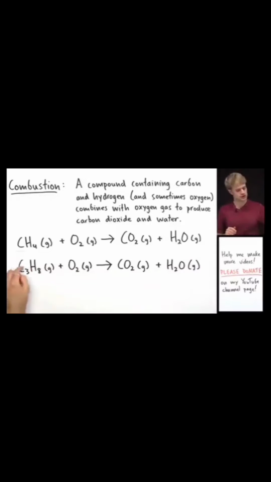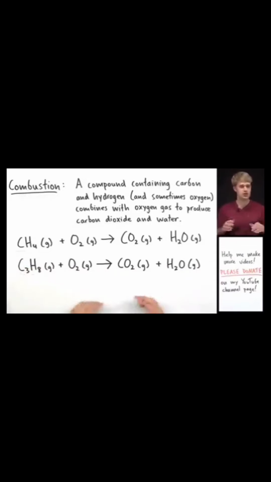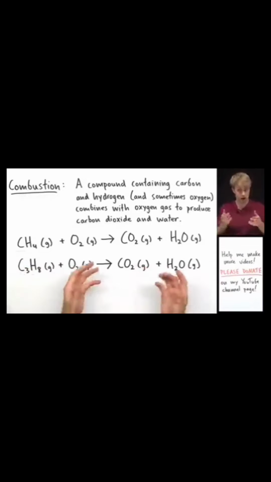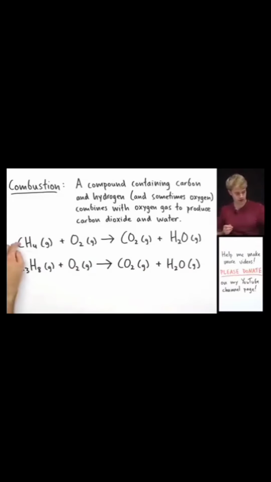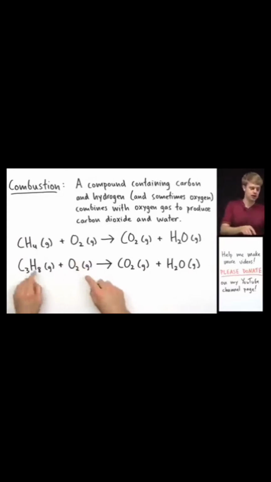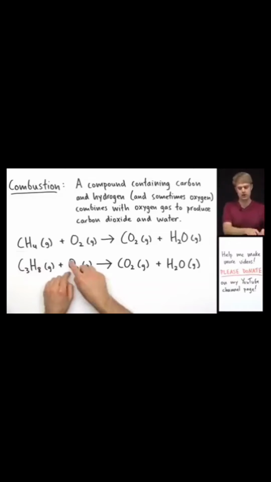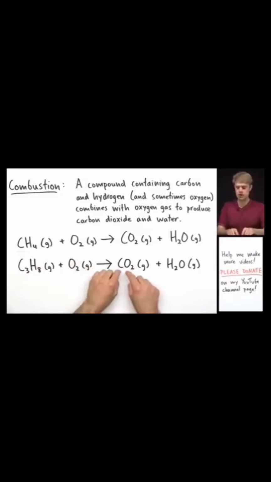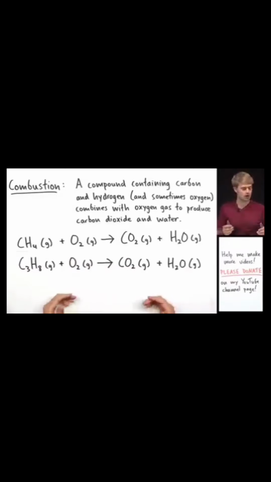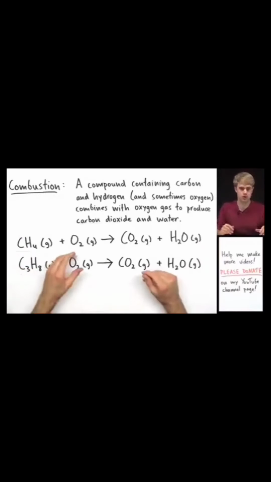This one starts with C3H8, which is the chemical formula for propane, another type of natural gas. And just like with this reaction, we combine C3H8 with O2, and this gives us carbon dioxide and water. So these two reactions are essentially identical, except for the number of carbons and hydrogens in the compound that we start with.